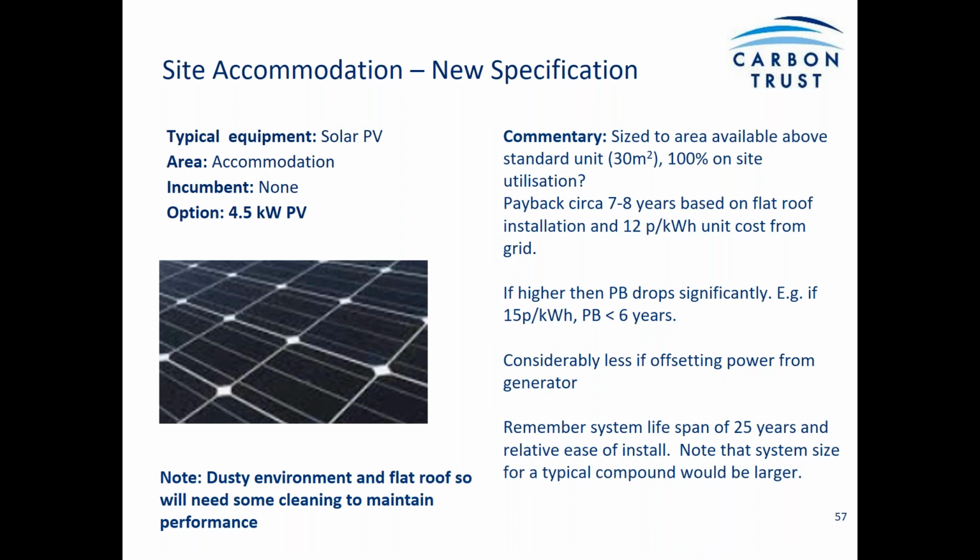It's in the region of 30 meters squared, and that 100% of the power that would be generated would be used on site, and that's highly likely. So you're looking at a payback of 7 to 8 years based on 12 pence per kilowatt. So if the unit cost rises, then obviously that has a significant impact.